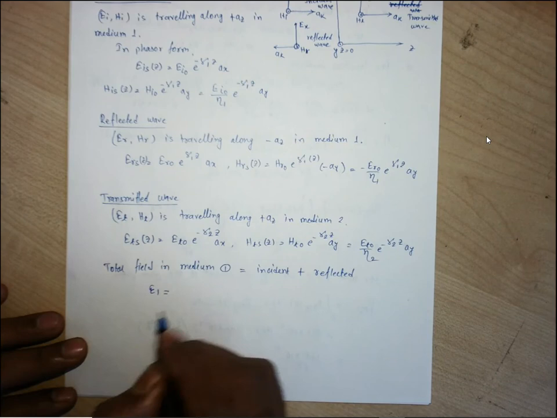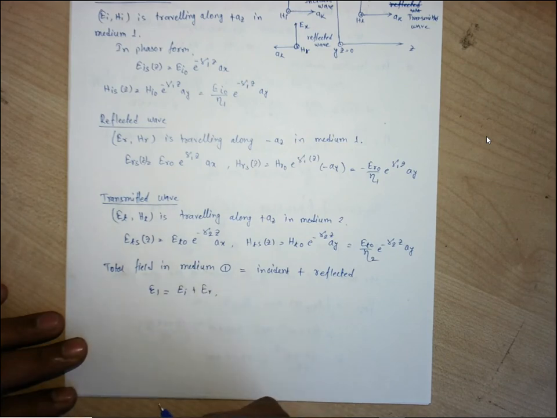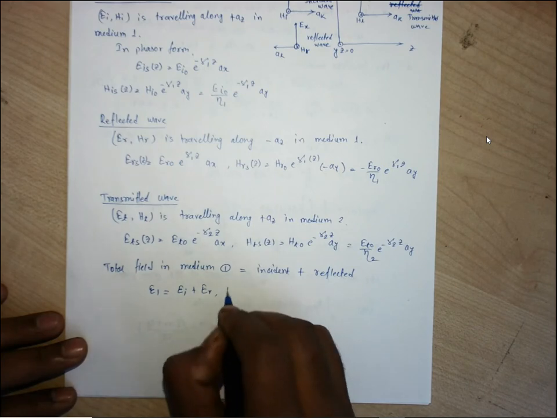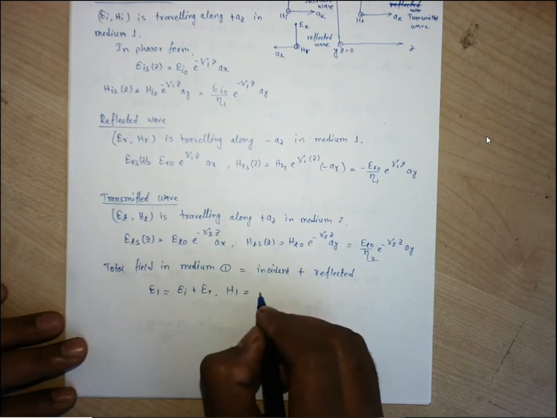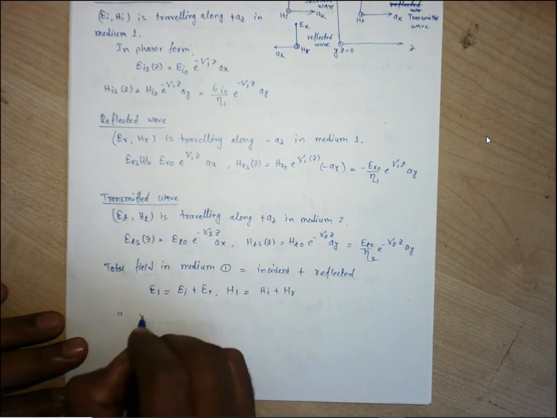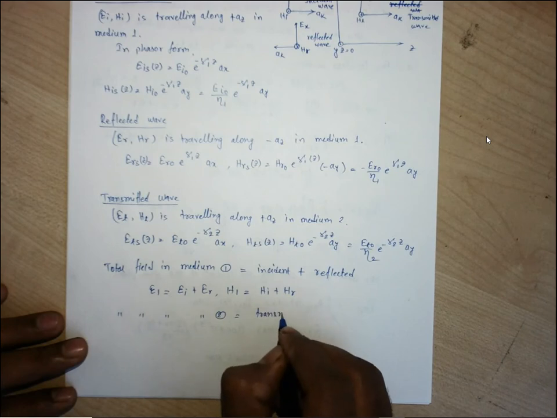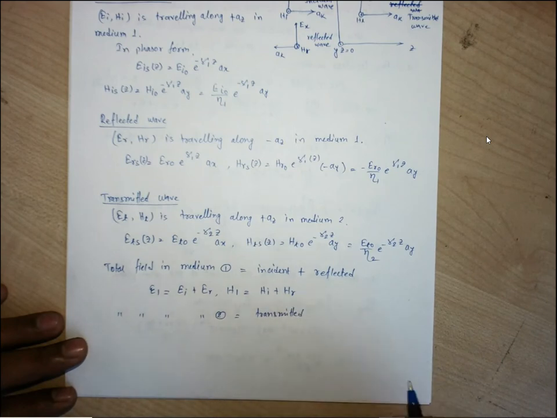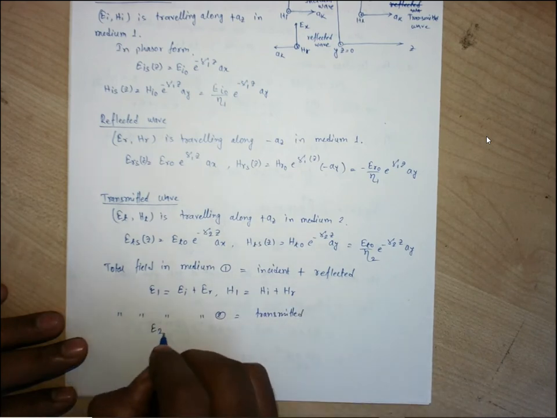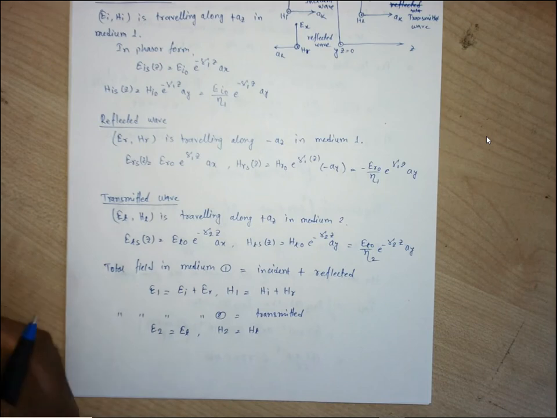If we go with electric field, EI plus ER. Same for H1, it is HI plus HR. Total field in medium 2 is only transmitted, that is E2 is ET and H2 is HT only.